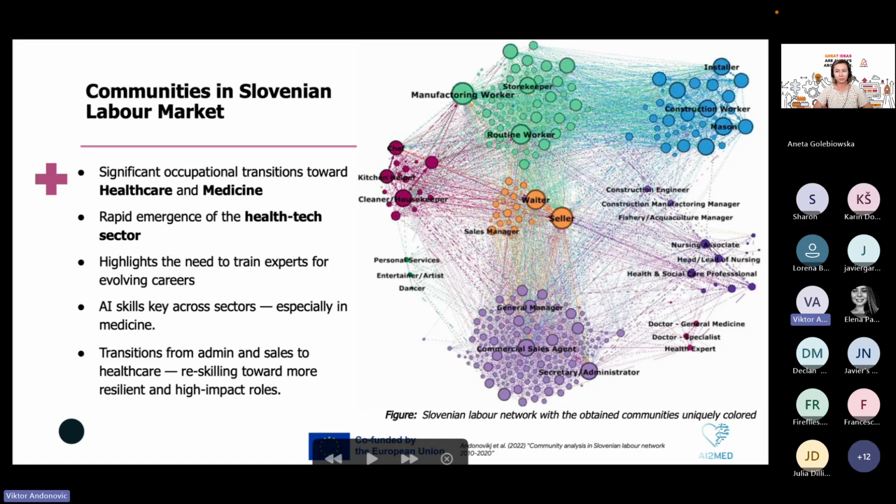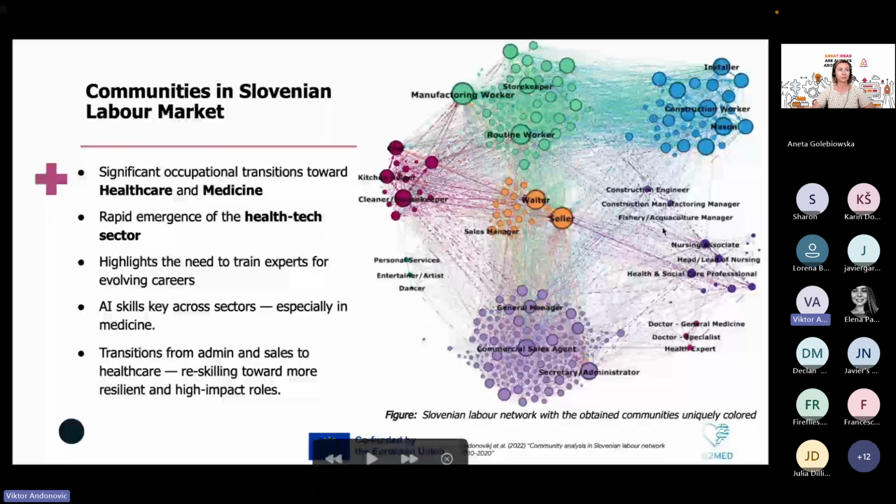We were able to do this and obtained communities, and one of them is the medicine and healthcare community. We can see it on the graph on the right side, with some of the occupations which represent it, such as nursing associate, head lead of nursing associate, health and social care professional, and so on.